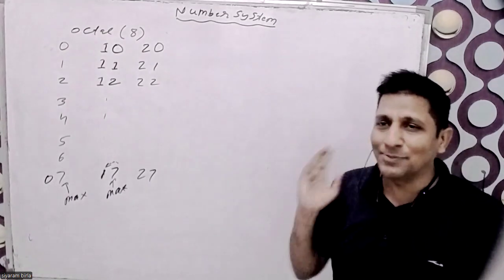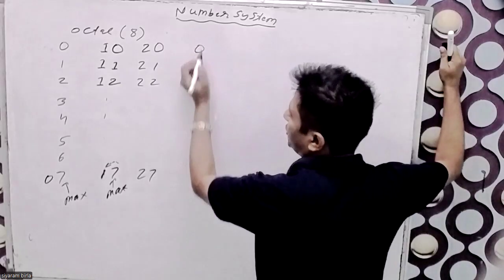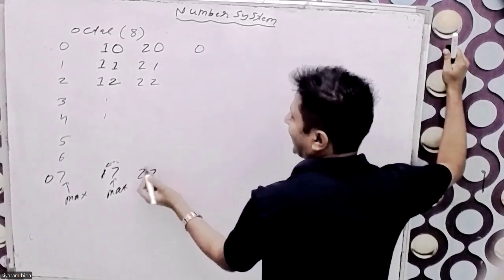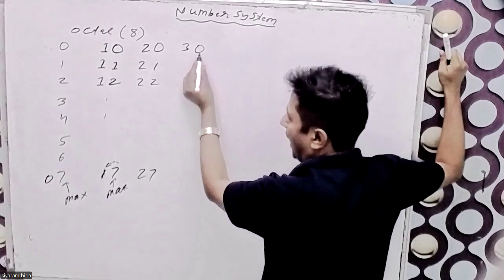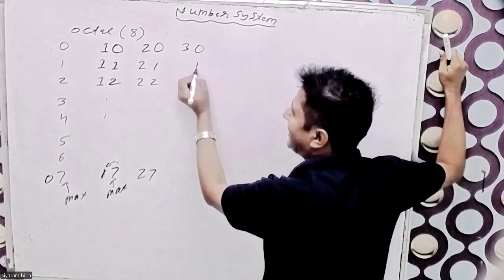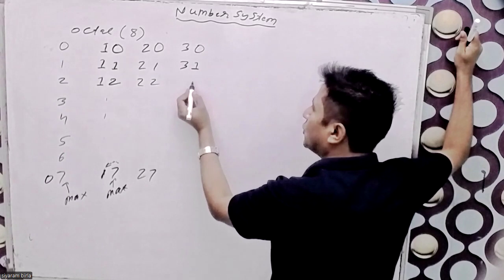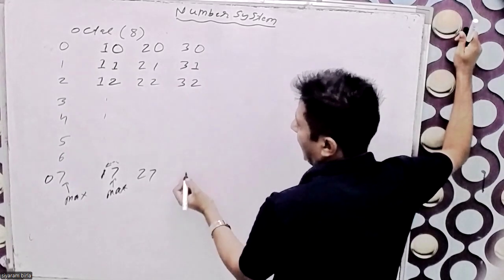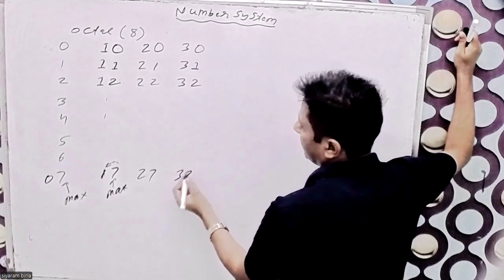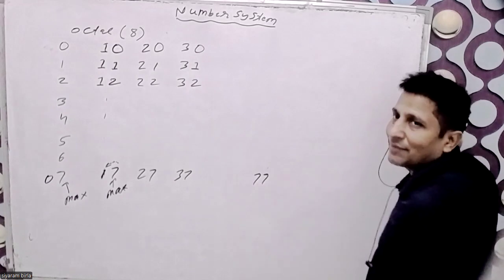It cannot increase because that is the maximum number, so 7 will become 0, and the next digit increases by 1, so 2 becomes 3. Now the least significant increases by 1 and the next digit stays as it is. Like that it goes to 3, 7. Like that, the last number I'm writing here is 7, 7.